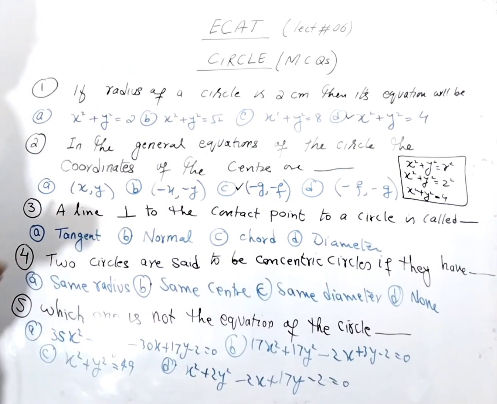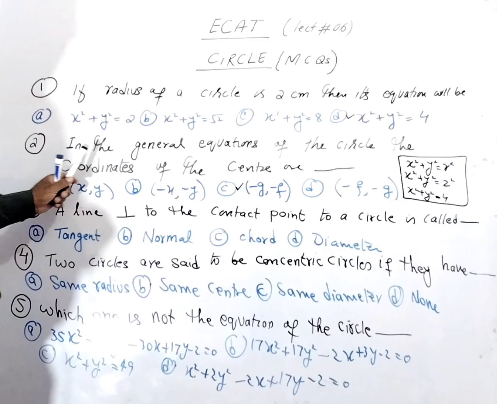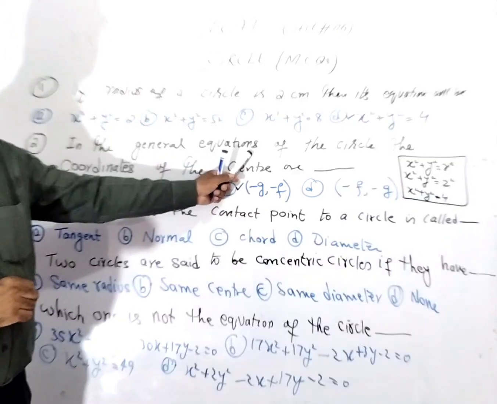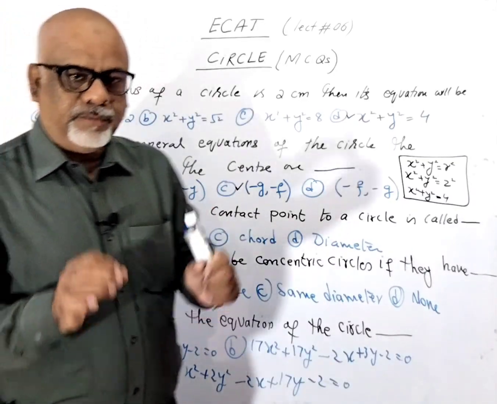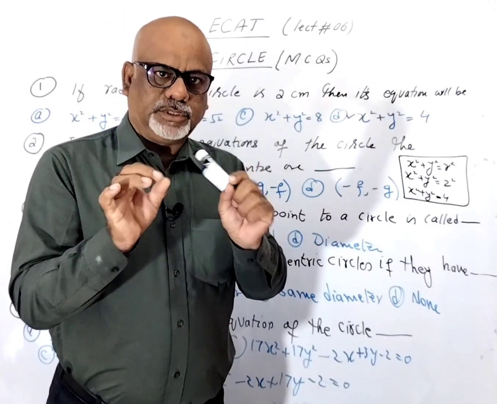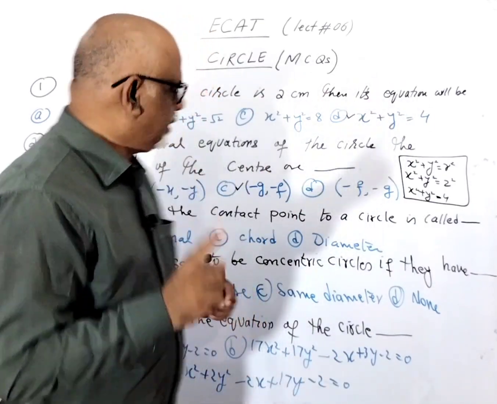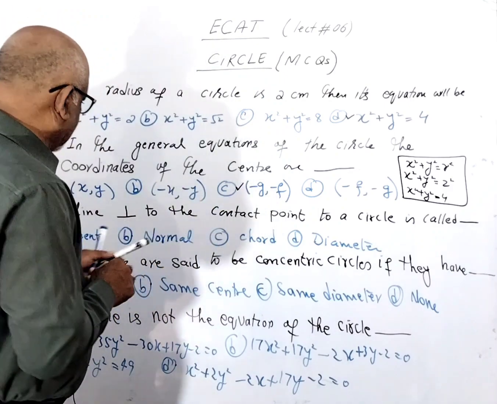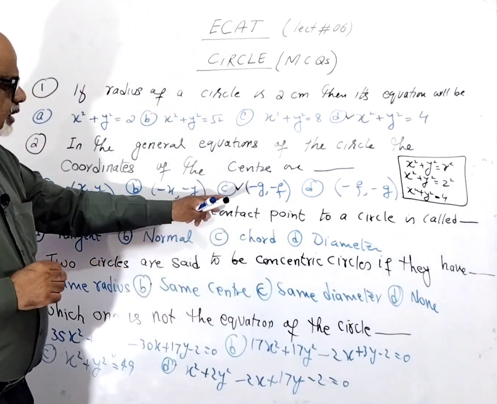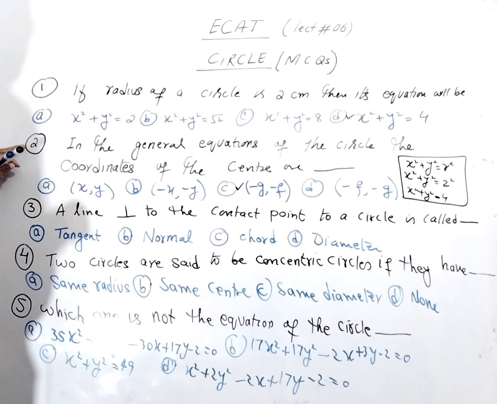So remember that, dear students, when we have a general equation of the circle, the center is minus g, minus f. So the C option is correct for the second MCQ.